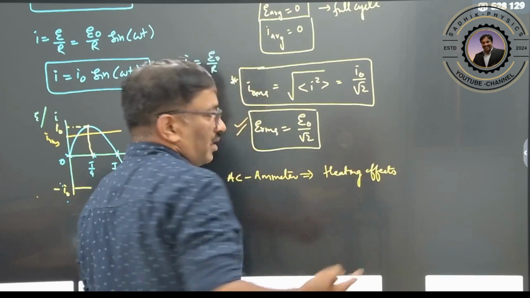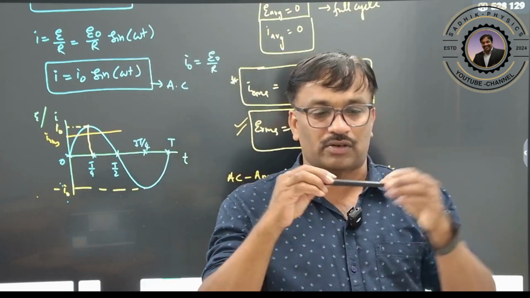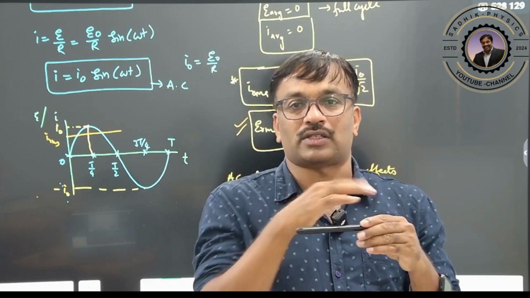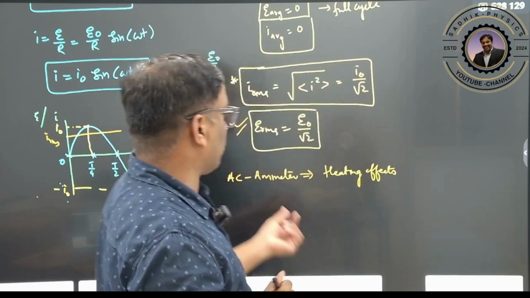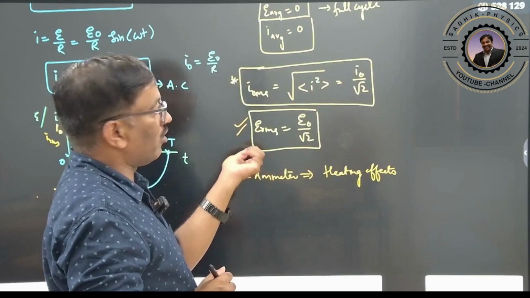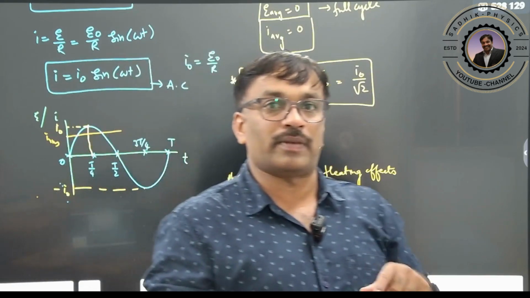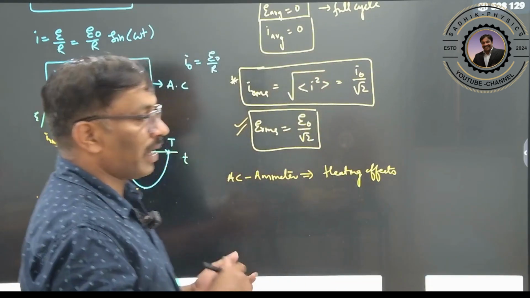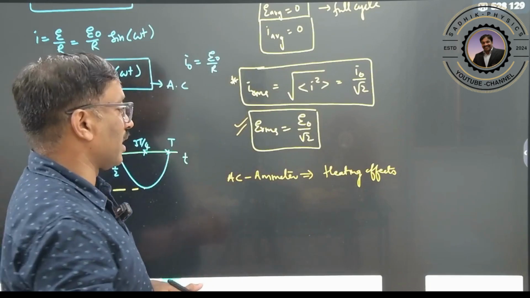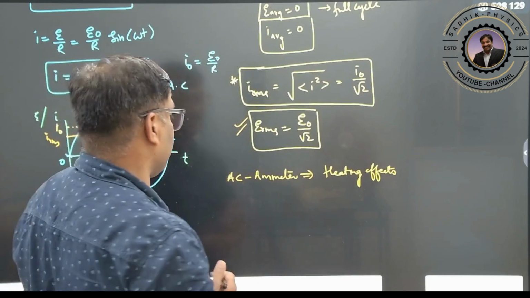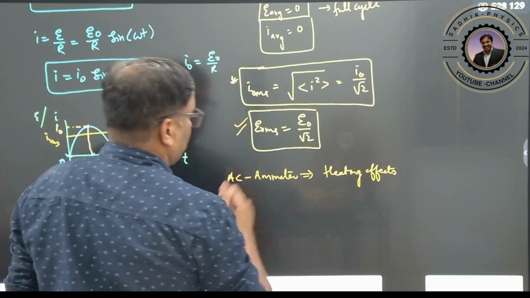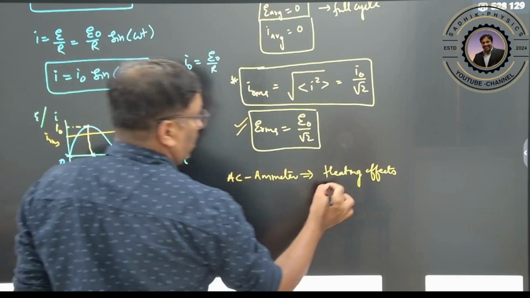Because the direction does not matter for a resistance; either way the current goes, it doesn't matter. A DC ammeter works based on the deflection from the force experienced by a current carrying conductor, like the galvanometer we discussed. So an AC ammeter works based on the heating effect.